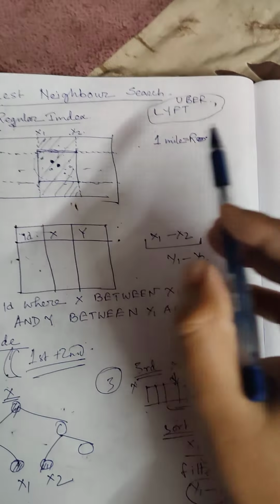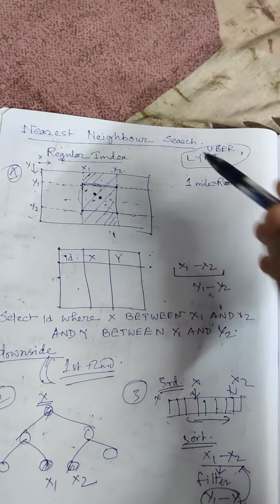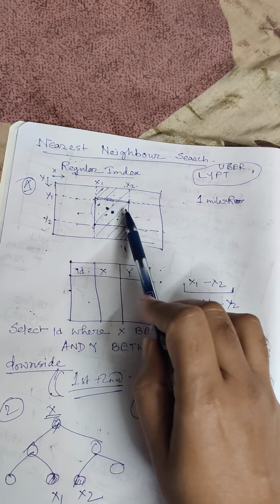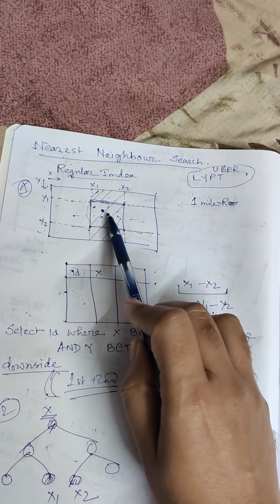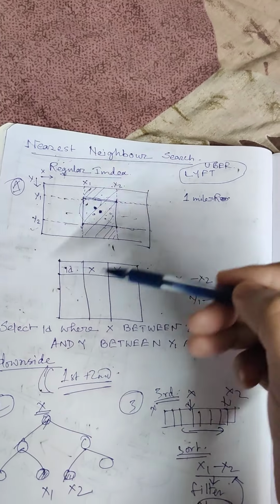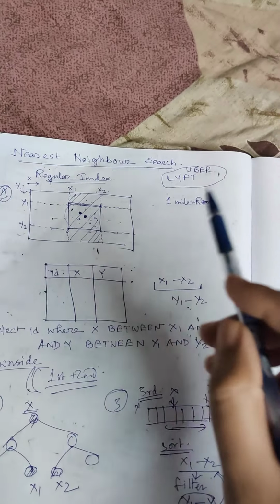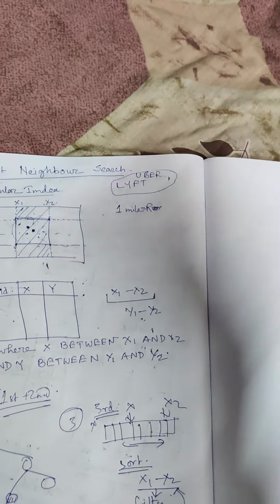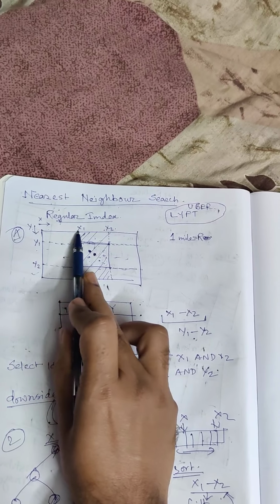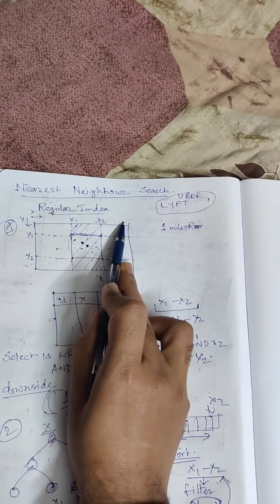So we were discussing nearest neighbor search in the last video, and we discussed the regular indexing approach to find the nearest data points when a point is given to us. For that reason we follow regular indexing, which is a 1D technique. 1D technique means it is traversing from this direction to that direction.